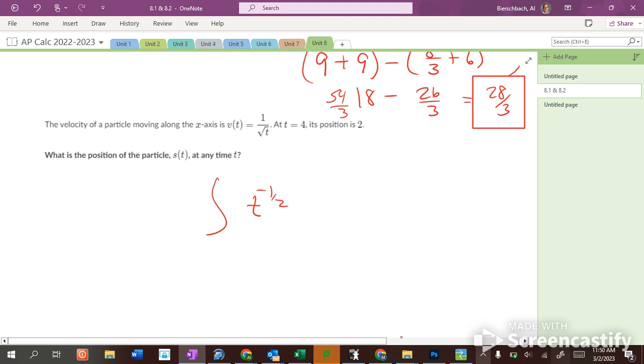If we integrate it, it would be t to the positive 1/2 with a 2 out in front, right? Plus c, because we don't know, because it's at any time.